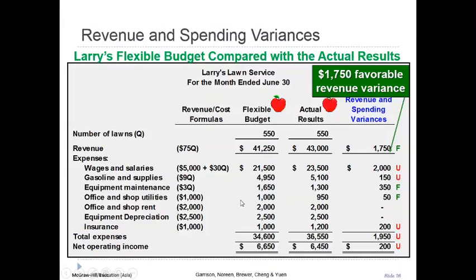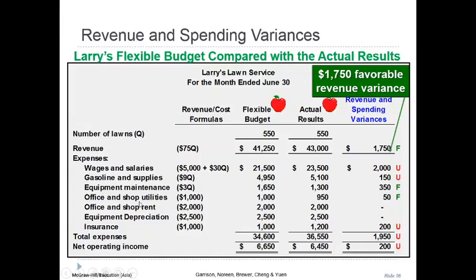Under office and shop utilities here, it was supposed to be a fixed cost, therefore it shouldn't be changing. The expenses which have a variable cost component are expected to change according to the number of lawns, when the activity level changes.